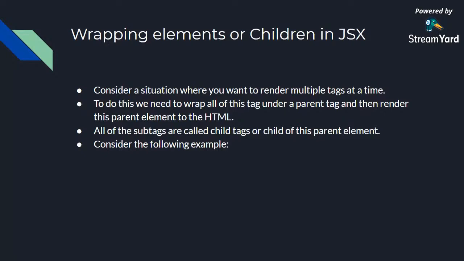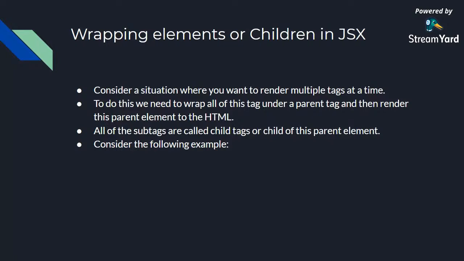So now we are going to talk about wrapping elements or children in JSX. In React, one consideration you have to keep is that it can only have one root div or one root element. In the body of React, you cannot have multiple siblings at the root.